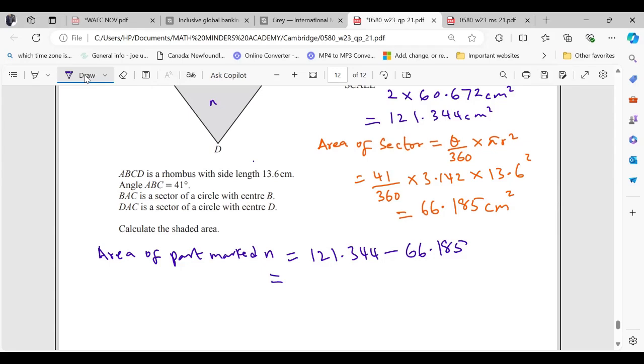We subtract that, 55.159 square centimeters.